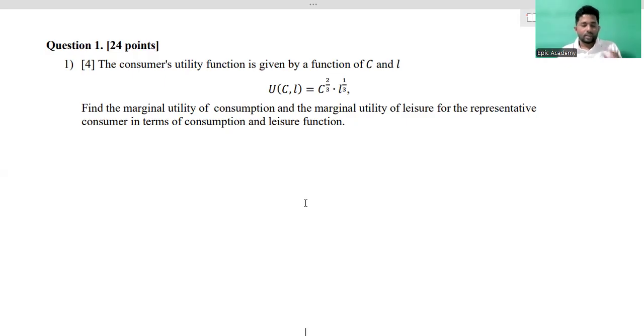The utility level, the satisfaction level, can change from one person to another. That's the nature of it. Even in the same person, it can change from time to time according to the time period.